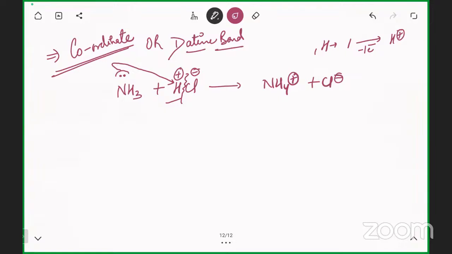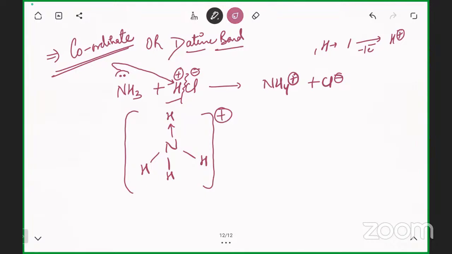Now, in the representation of this coordinate bond, this was the structure of ammonia with that lone pair, but when it donates its lone pair to the hydrogen atom, we show it with an arrow. The head of the arrow points towards the atom with which we have shared the electron, and the tail is towards the nitrogen, because nitrogen was sharing its lone pair, and it gets a positive charge.